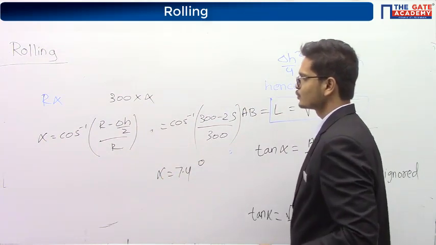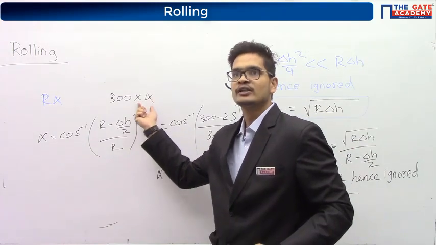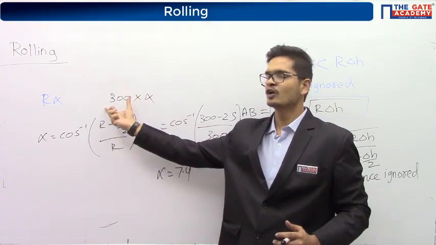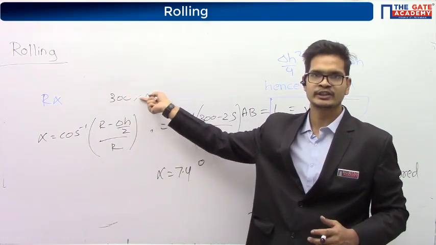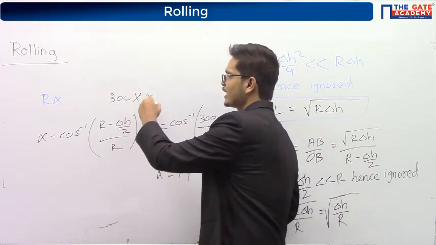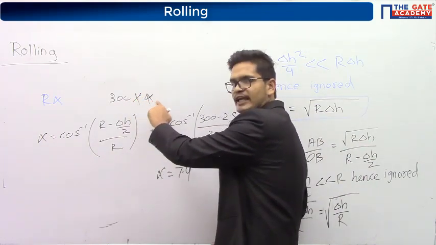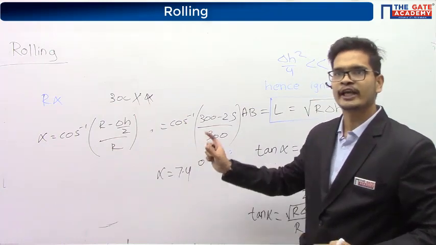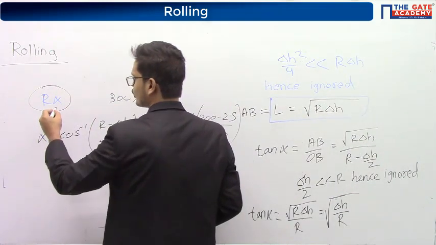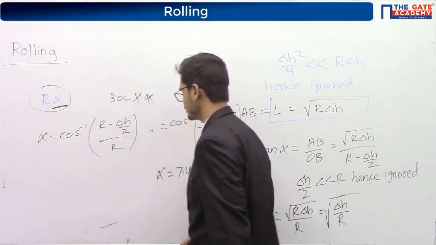So here you have to multiply alpha. One thing you have to take care is whenever you are multiplying or dividing an angle with a linear quantity, you have to convert the angle into radians. This angle cannot be in degrees. So wherever you have written this expression R into alpha, make a note of this, that alpha will be in radians.